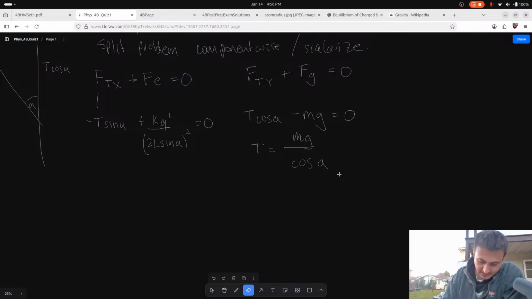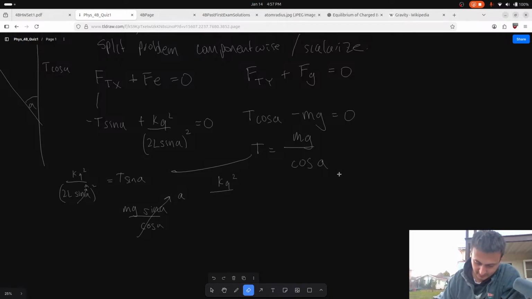So KQ squared over 2L sine A squared is equal to T sine A. So now I'm going to put this in here and get mg sine A over cos A. This goes to A, this goes to A. So now we're going to get KQ squared over 4L squared A squared is equal to mg, right? Because this becomes tan, which becomes A.